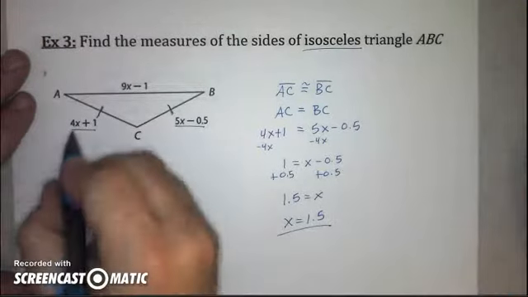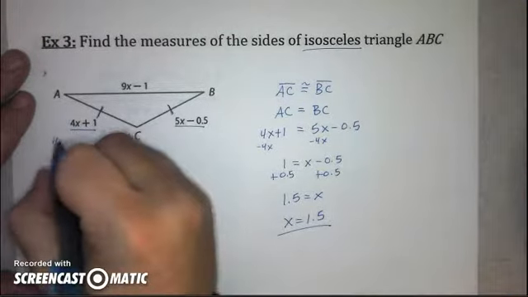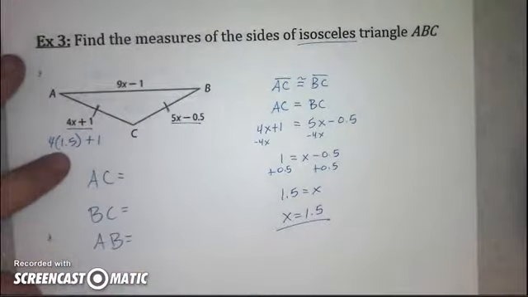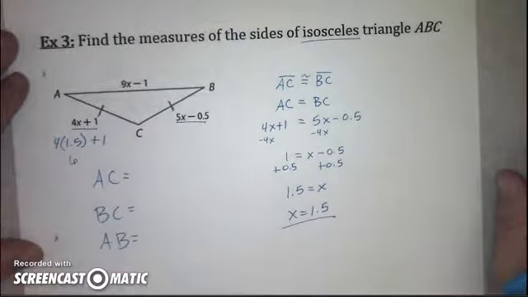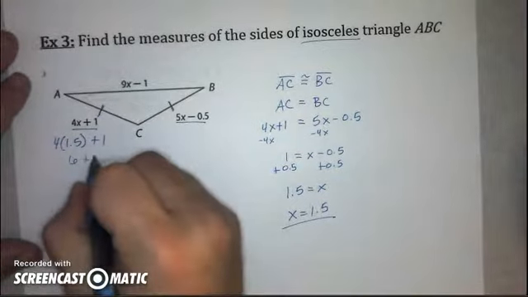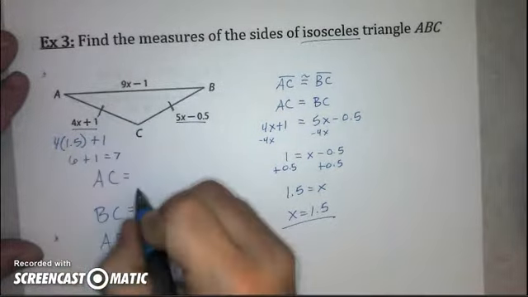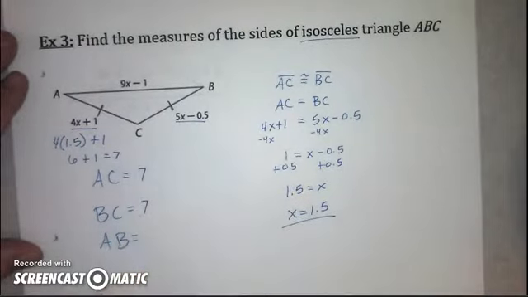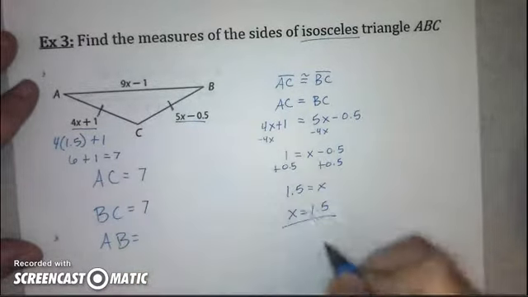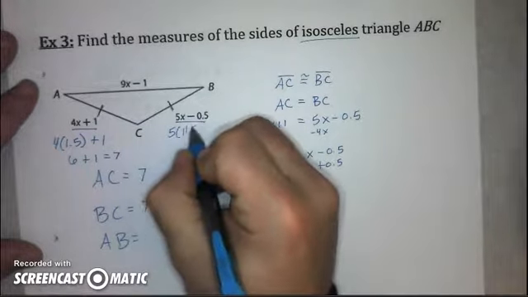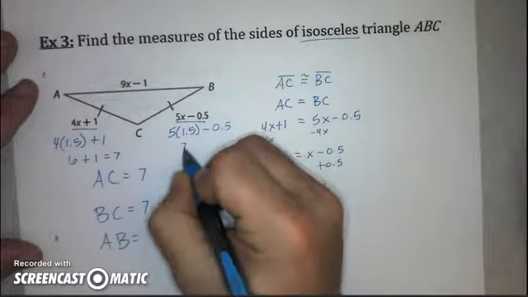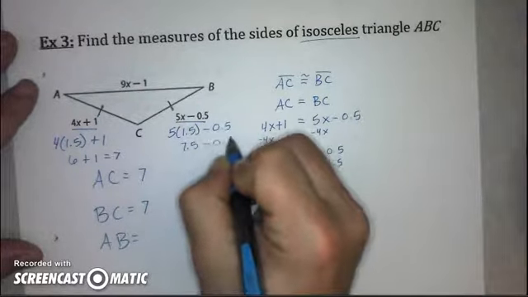So I should be able to plug 1.5 in for each side and get a total. When I plug in 1.5 here, I'm going to do 4 times 1.5 and then add 1. 4 times 1.5 is 6, and then I add 1 to get 7. So AC is 7. BC we've said is congruent to that, so that will also be 7. If you want to check it, we do 5 times 1.5 and then subtract 0.5. 5 times 1.5 is 7.5 and subtract 0.5.